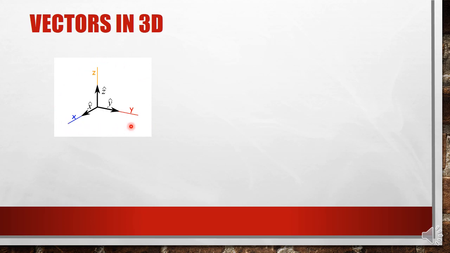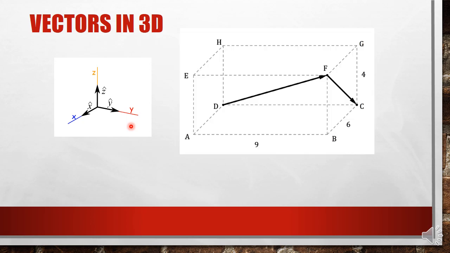Okay, so now let's see how the vector is written in 3 dimensions. Let's just say that I have vector DF and vector FC. How to write vector DF? Vector DF is inside a box like this, with its length 9, its width 6, and its height 4. Just picture DF in a box whose width, length, and height are 9, 6, and 4.